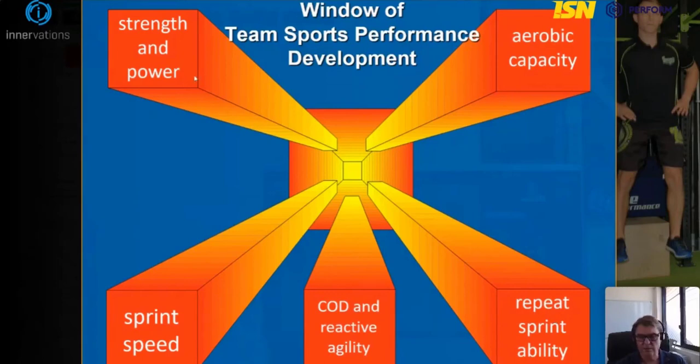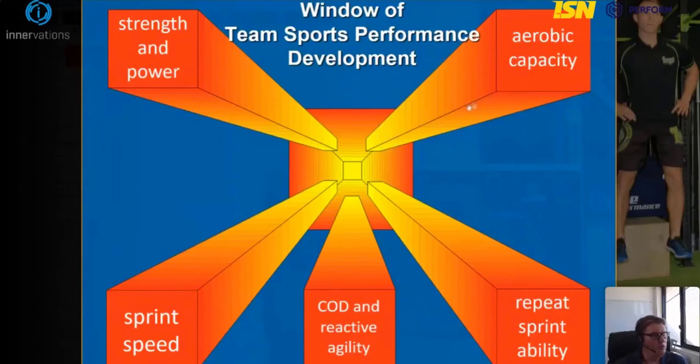We see that strength and power is important because the athlete has to kick, has to jump, change direction, accelerate. Overall outright sprint speed, and then change of direction and reactive agility as well. Now we see that for football, for example, we often see that the athlete is very well developed in terms of their aerobic capacity.